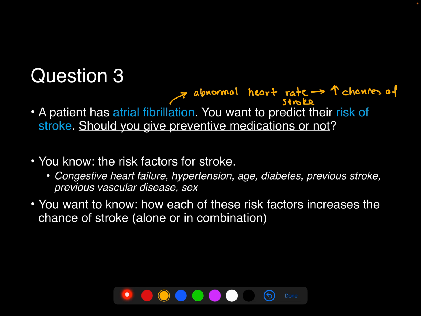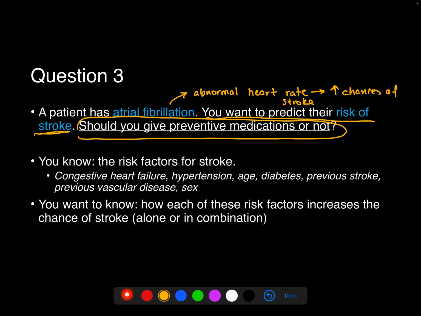So what you want to do is predict their risk of stroke. And the reason you want to do that is you want to answer the question, should you give preventive medications or not? Normally, you would say, yes, of course, why would you not give preventive medications? However, here, anticoagulants, which are the medications, have side effects.